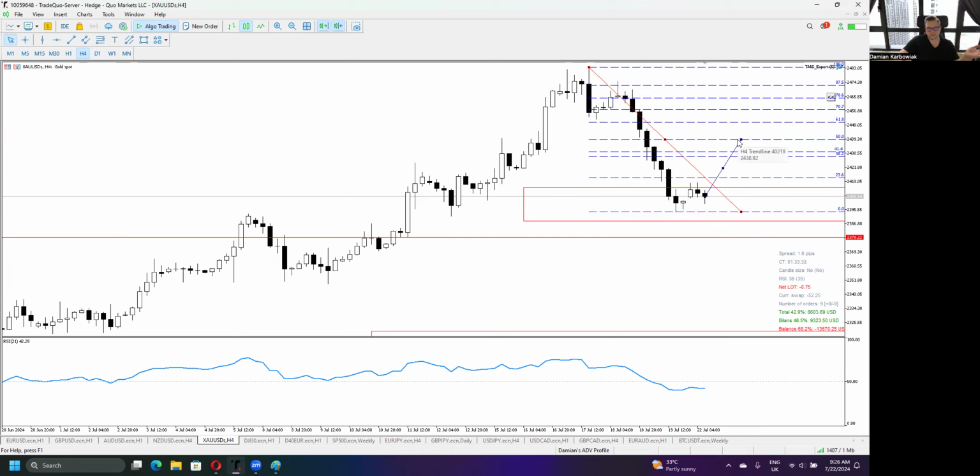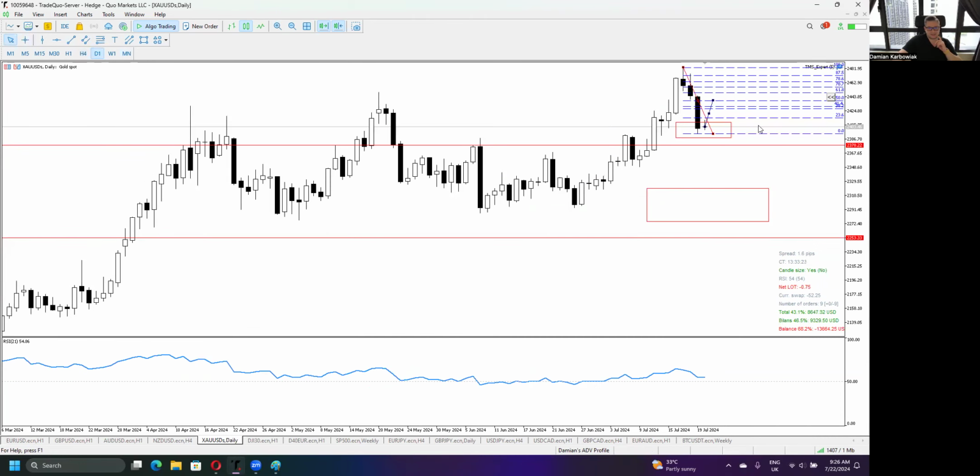It's like 4-to-1. Okay. And there is a supportive 1-to-1 zone right here. Because of the fact that there is no H4 candle formation and it doesn't look that they would like to create a daily candle formation, maybe I'm wrong because there are many hours until the end of the day. So once they go up, we will have a daily candle formation.